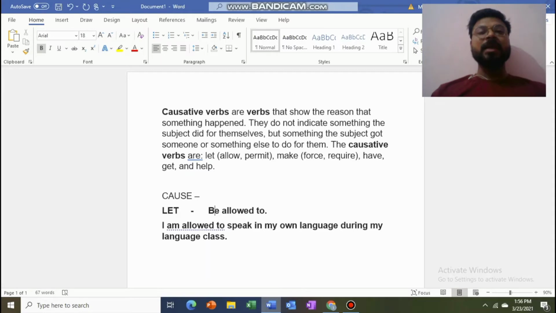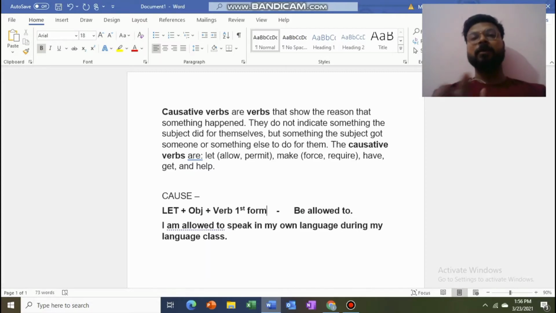Remember one more thing, that there is always an object after this, and then there is a verb's first form, or present form, or you can say infinitive form. So first we have let, then object, then the verb's first form.